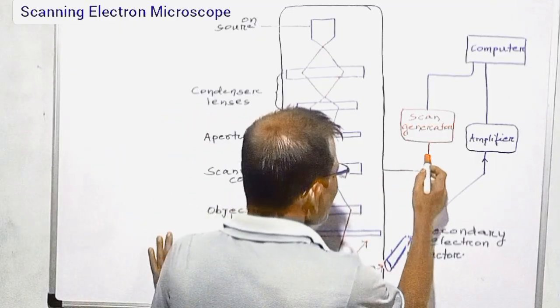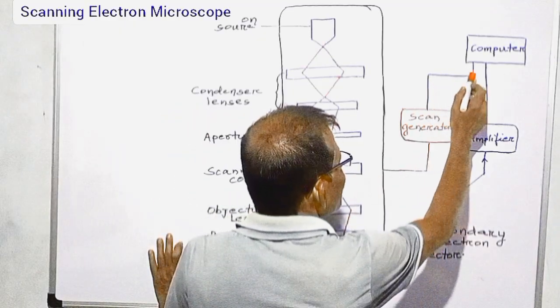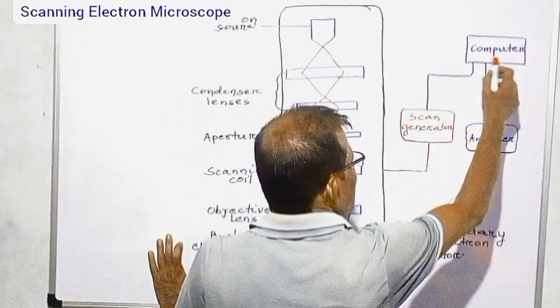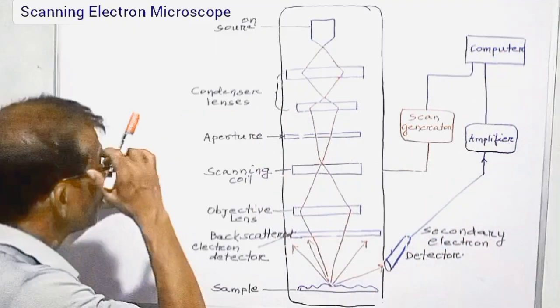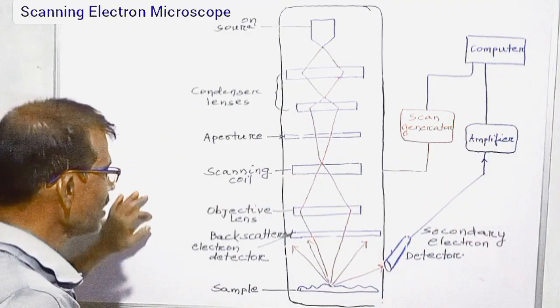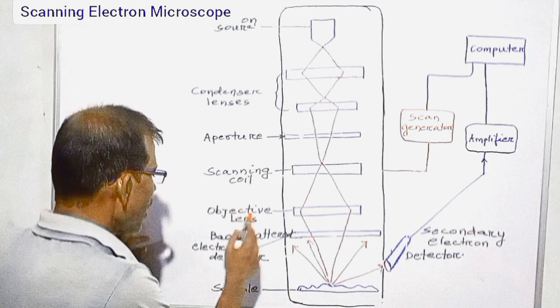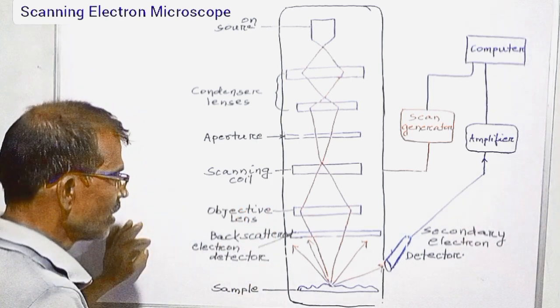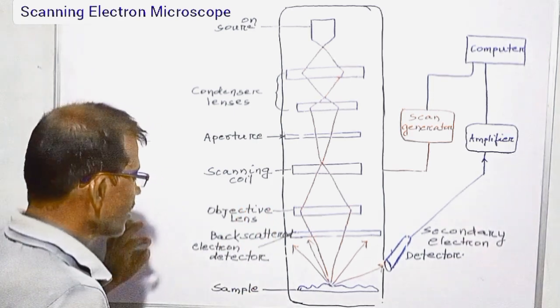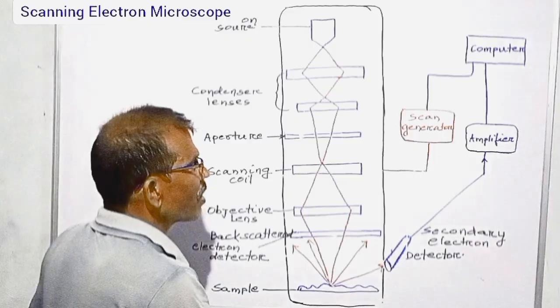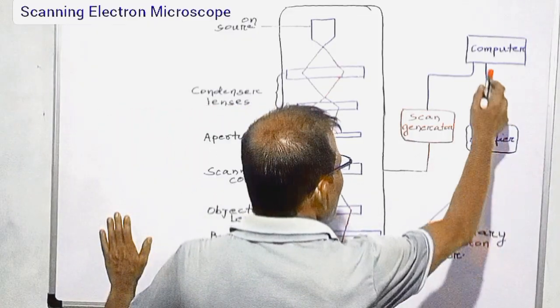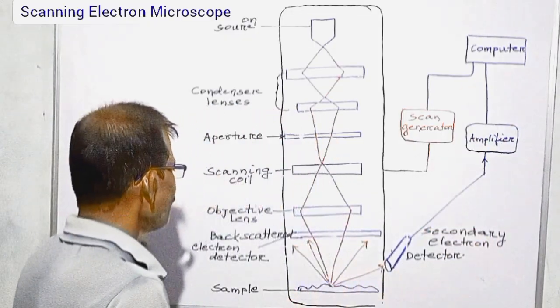This positional data is directly fed into the computer of the system. Other components of the scanning electron microscope are the objective lens, electron detector, sample holder, amplifier, and computer.